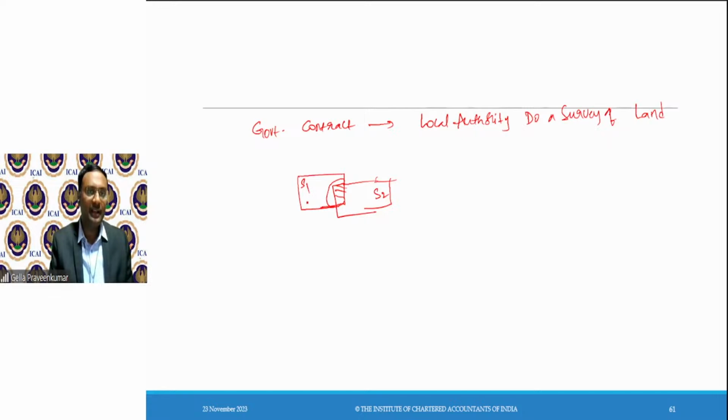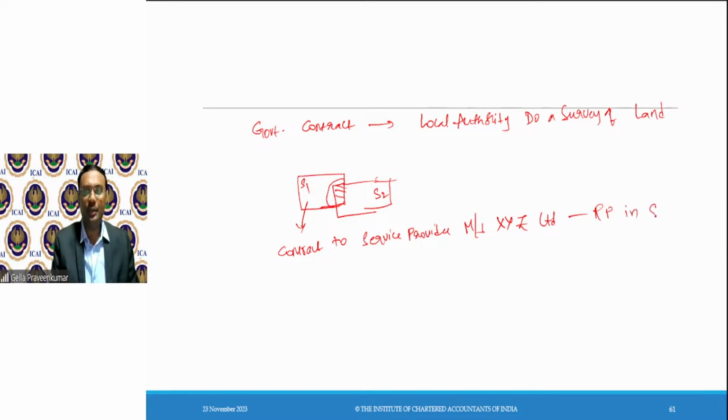Now, assuming state 1 has given a contract to a service provider, say XYZ Limited, a registered person in state 2, for a survey.